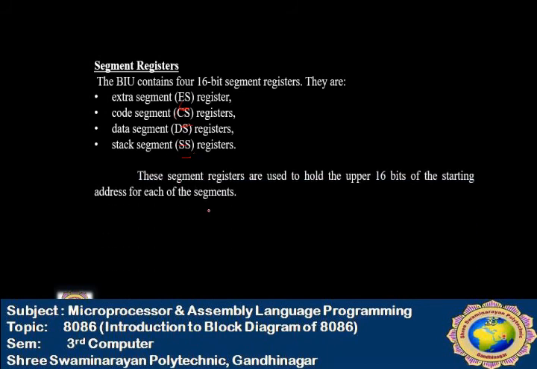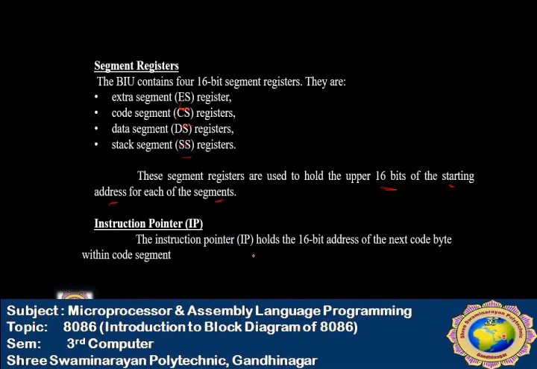These segment registers hold the 16-bit starting address of each of the segments. Then the instruction pointer IP holds the 16-bit address of the next code byte within the code segment. So this is the BIU portion.